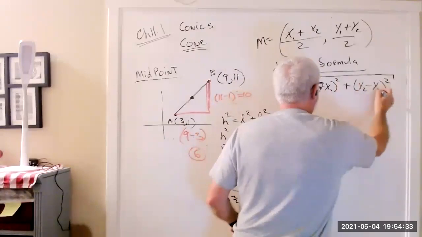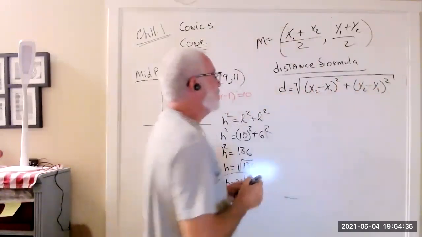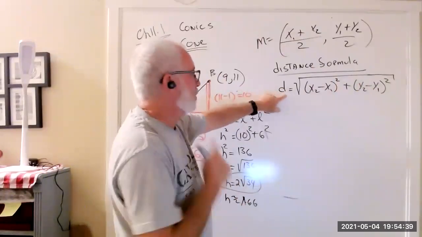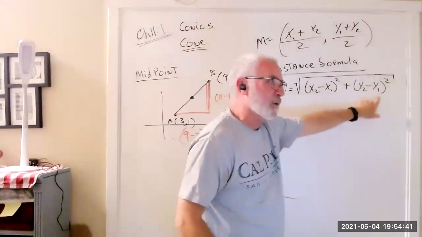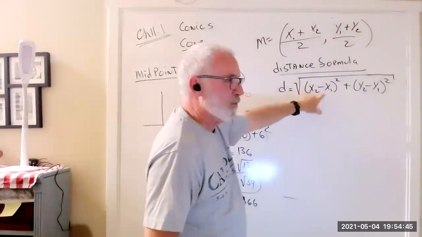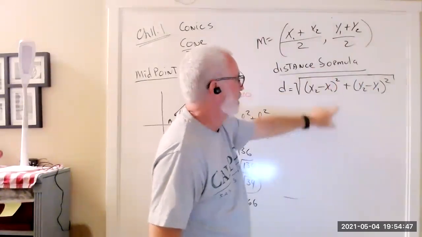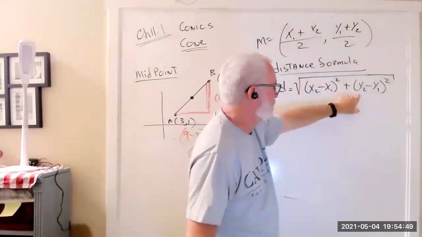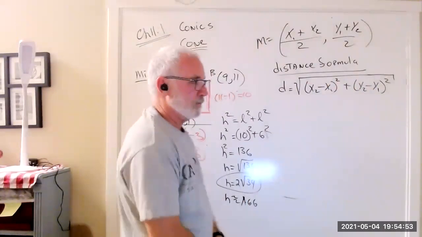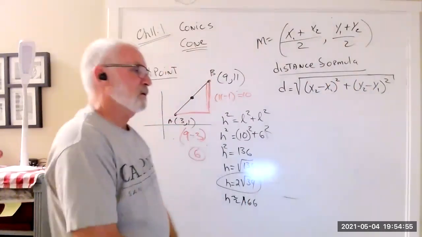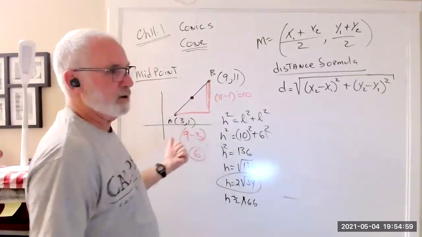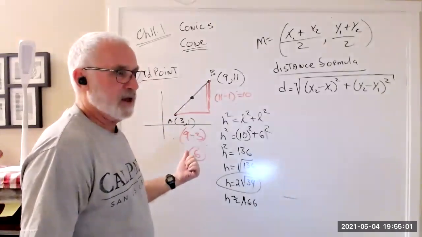D equals the distance equals big old mother square root of x sub 2 minus x sub 1 squared plus y sub 2 minus y sub 1 squared. Okay, so let's apply the distance formula to this and see what happens.